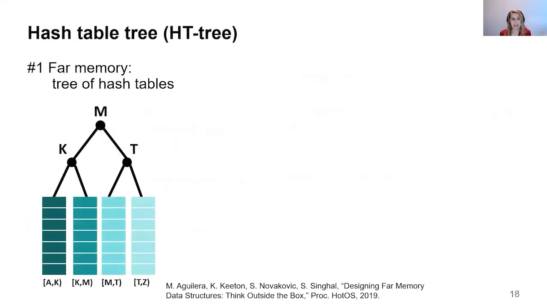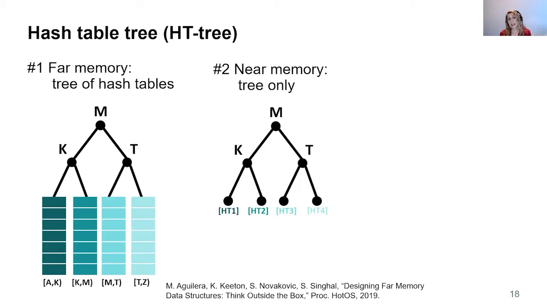And the idea is basically we've got a tree where each of the leaf nodes of that tree is a hash table. And so this entire data structure would be stored in far memory. And then the data structure clients would cache the tree portion, the upper portion of the data structure, in their near memory.